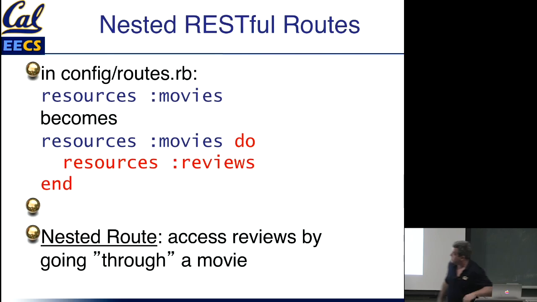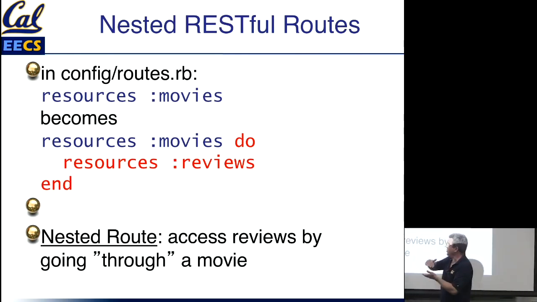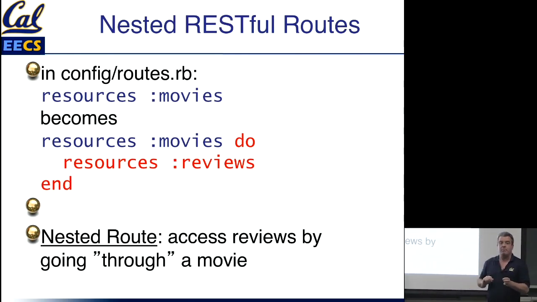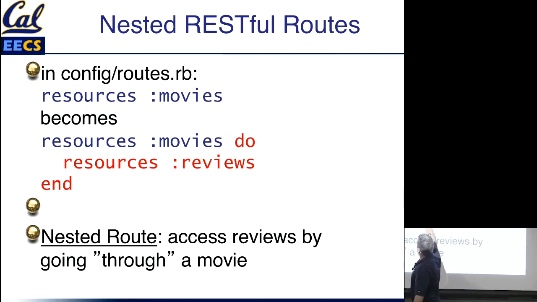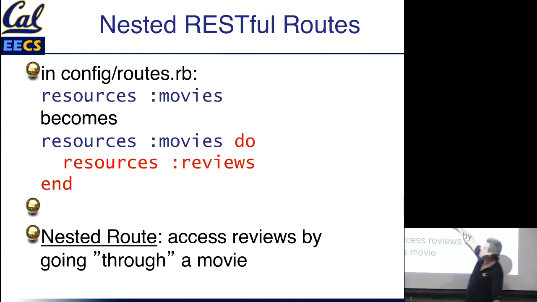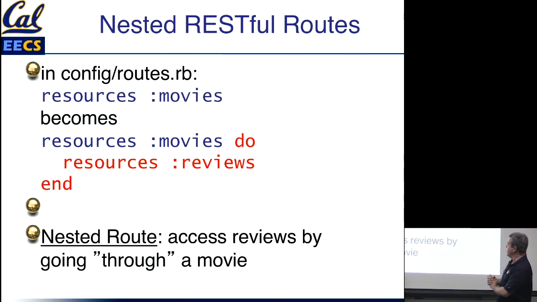So instead of just saying resources :movies, suppose we say resources :movies, and then we have a do block inside of which is resources :reviews. This basically says reviews are also a resource, but a resource that belongs to a movie, in the sense that it's meaningless to talk about a review without talking about which movie owns it. So I am nesting the resource of reviews inside the resource of movies.